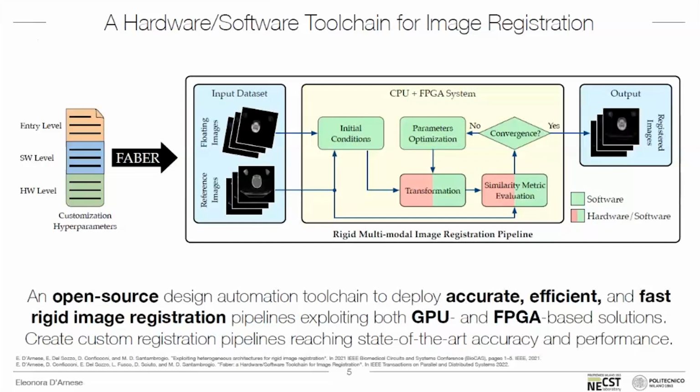The user can decide whether to deploy the transformation of the images and the similarity metrics in hardware or software, and Faber takes care of the deployment of the actual system. You just have to choose what you want to accelerate, and we take care of the rest. And you can choose between CPU and FPGA acceleration. In this direction, we have also seen that we can maintain state-of-the-art accuracies also using hardware accelerators.